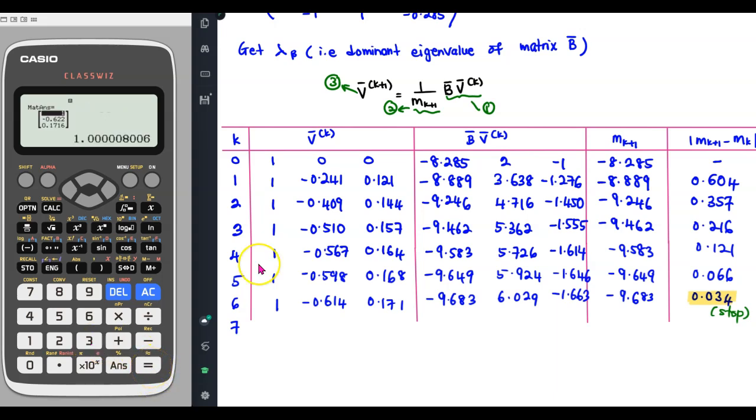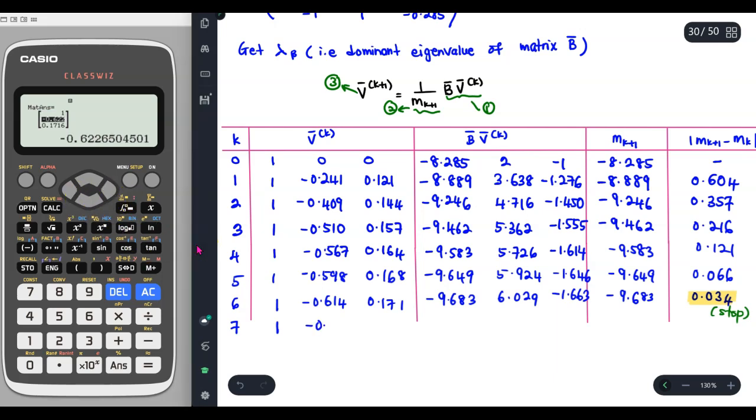Okay, so you have 1 here, and then what is it, negative 0.623 somehow, and then you have 0.172. Okay, so that is the complete table.